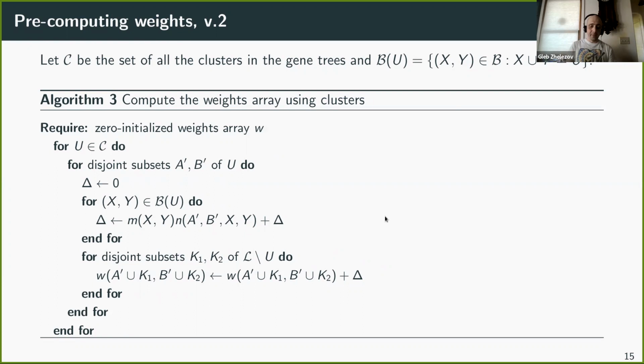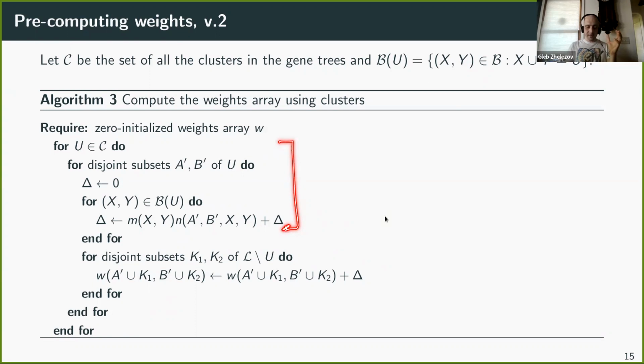And then for every gene tree subtree bipartition, you figure out the contribution to this delta. And over here, we're not talking about the kernel quite yet. We're basically saying these are going to be all the contributions, and this contribution is now going to be identical no matter what K1 and K2 you choose from your kernel.